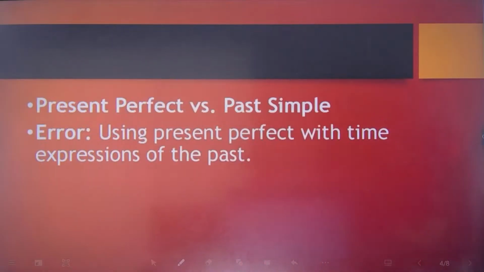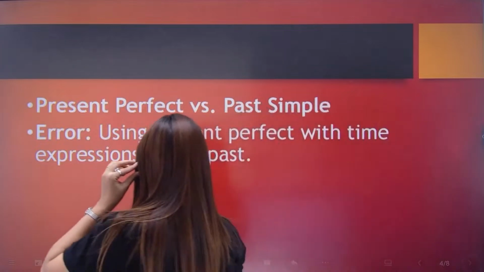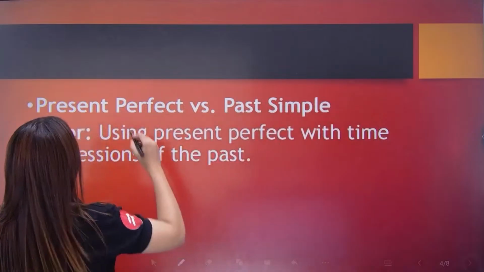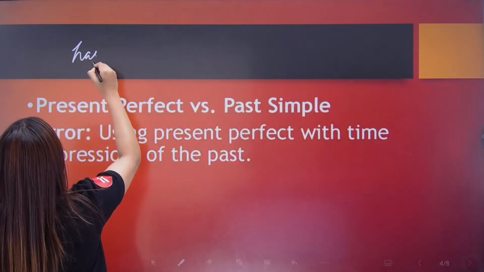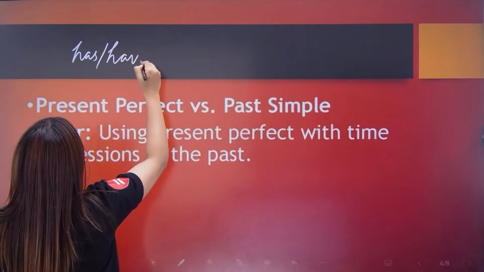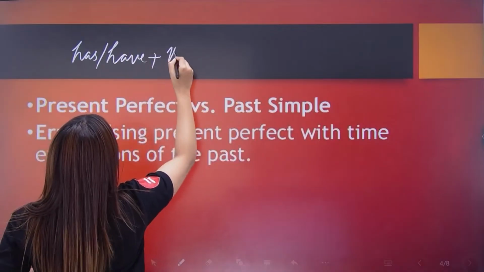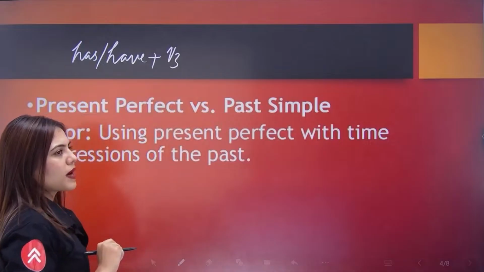प्रेजेंट परफेक्ट वर्सेस पास्ट परफेक्ट, व्हाट डज दैट मीन? प्रेजेंट परफेक्ट में होता क्या है, पहले तो ये पता होना चाहिए. So, if we talk about present perfect, we are talking about has or have plus the third form of verb, which is also known as the past participle.